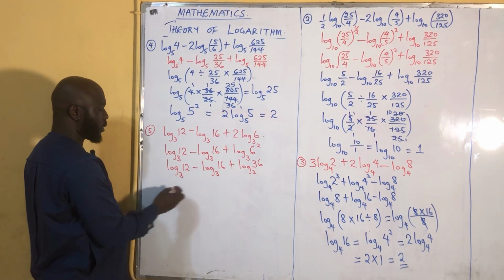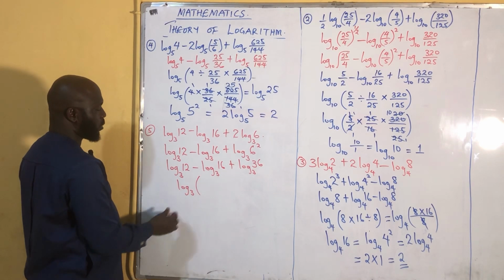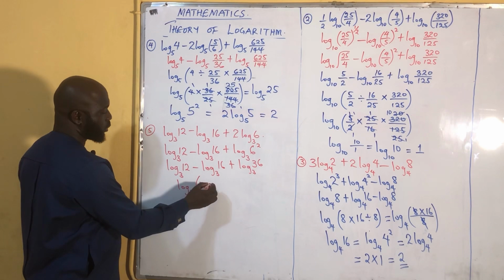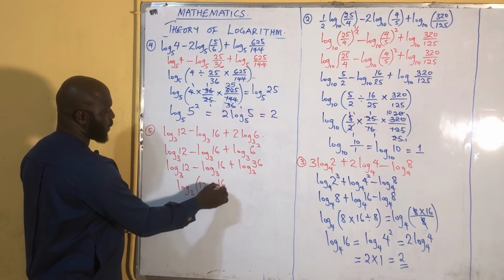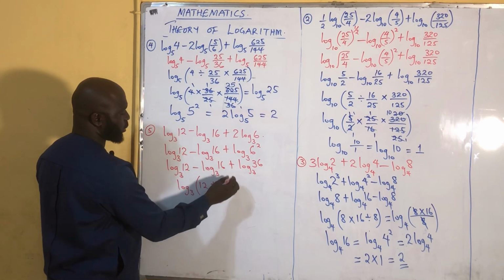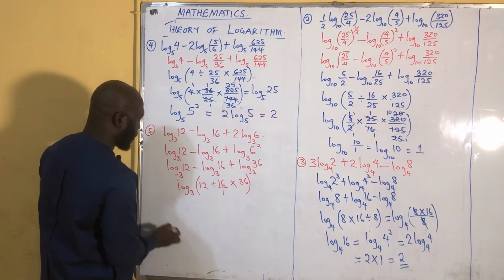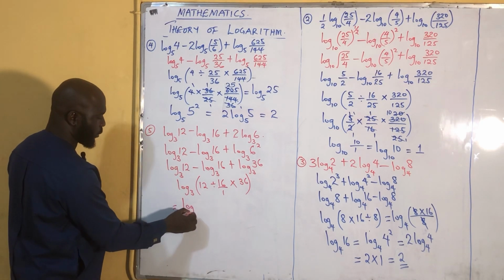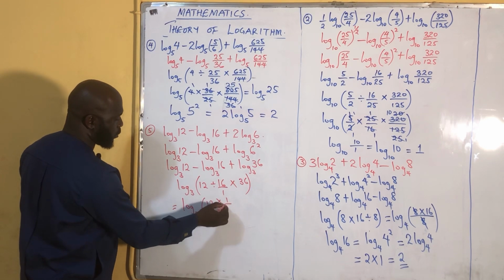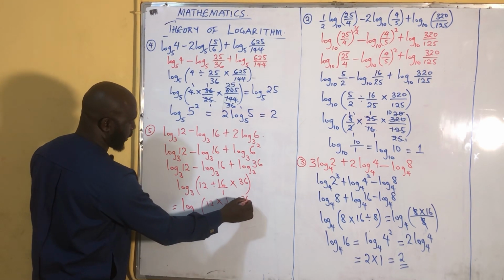So collecting the like terms now. Logarithm of base 3 is common throughout. So we have logarithm in base 3, you open a bracket. We have 12 minus changes to division, divided by 16 over 1. Then the plus changes to times 36. So we have logarithm in base 3 of 12 times 1 over 16 times what? 36.